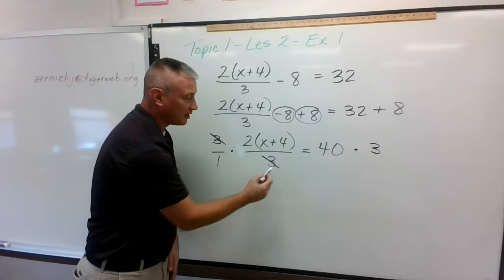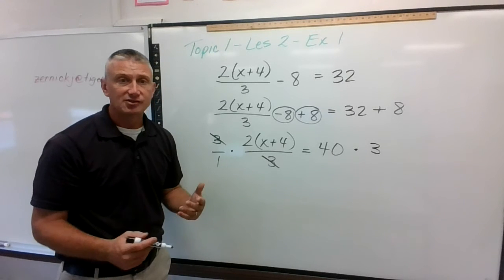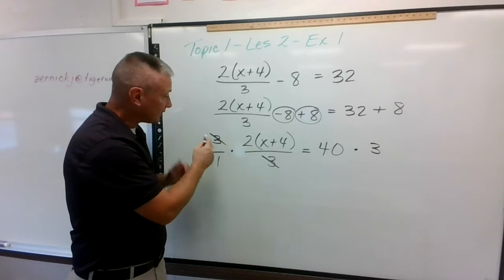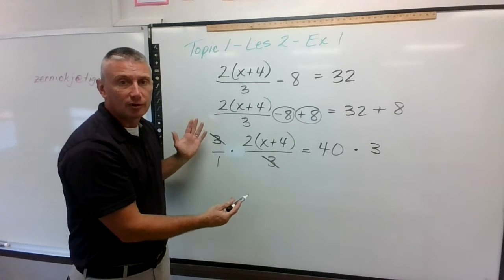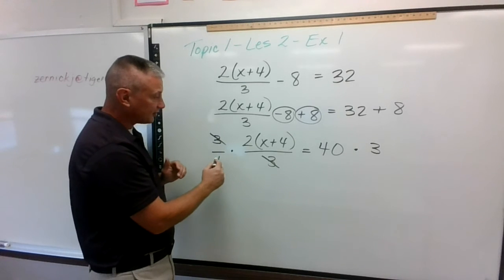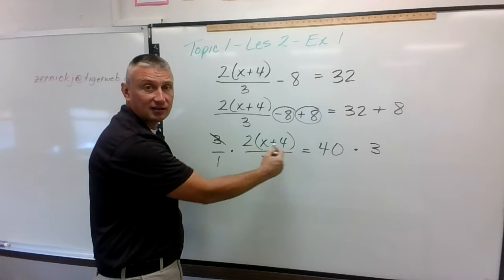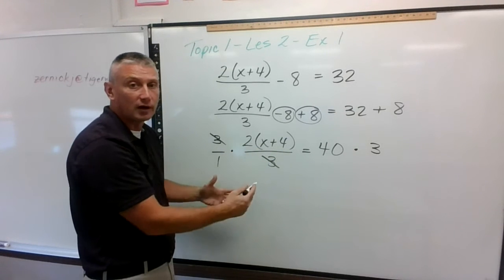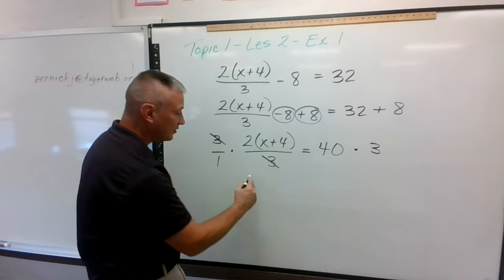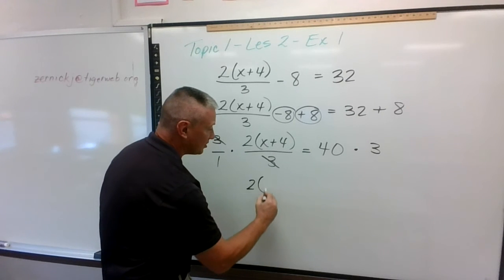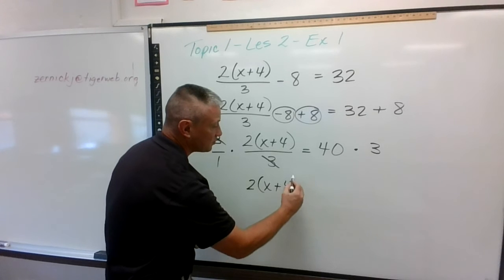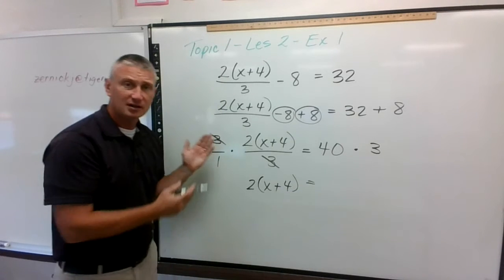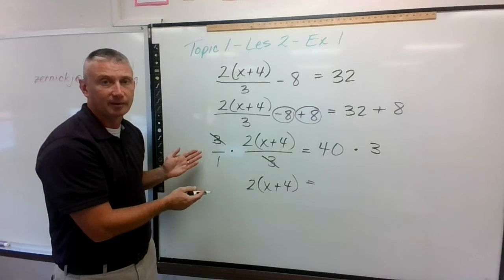This 3 and this 3, in multiplication of fractions, you're allowed to simplify before you do the problem. And you also note that anything, even this expression right here, 2 times the quantity x plus 4 over 1, will always be itself. So this entire side now is just going to be 2 times the quantity x plus 4 because we've eliminated the 3 by multiplying by it.